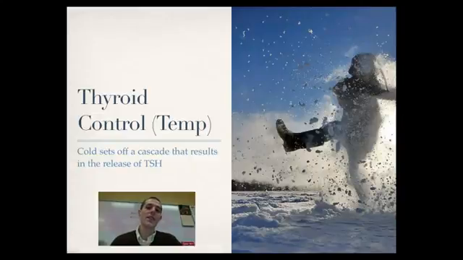When that TSH gets to the thyroid, it causes the thyroid to secrete further hormones that result in increased metabolism. So the body's metabolism rate goes up, you produce more heat, and then it works like a feedback loop. It's actually the TSH that shuts down the process. It's not the warming up of the body. So once enough TSH has collected in the thyroid gland, that shuts down the pathway. The body's now at a comfortable temperature. Everybody's happy, and we're good to go.